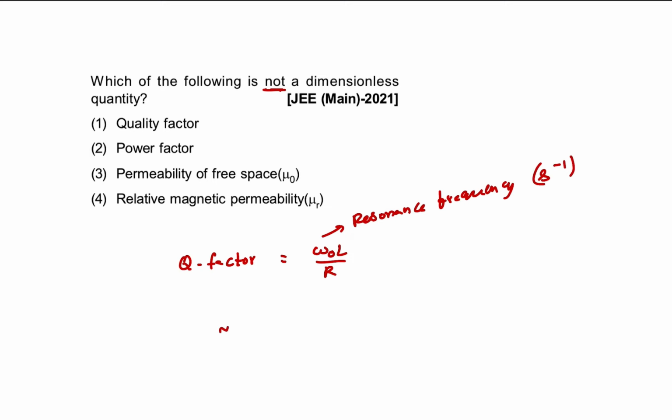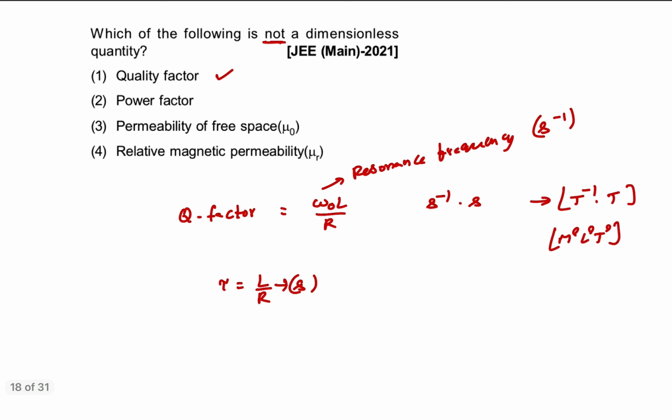Earlier I have given that time is nothing but L by R. So you get second minus 1 into second, or in dimension formula T power minus 1 into T. So finally you will get M0 L0 T0. The quality factor is a dimensionless quantity.